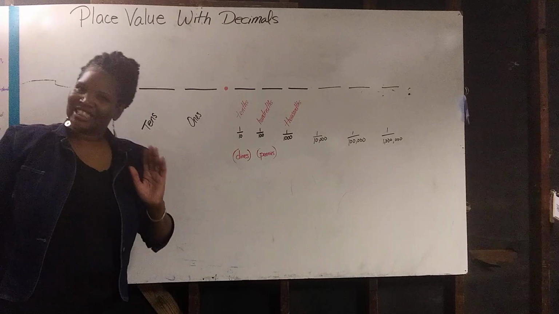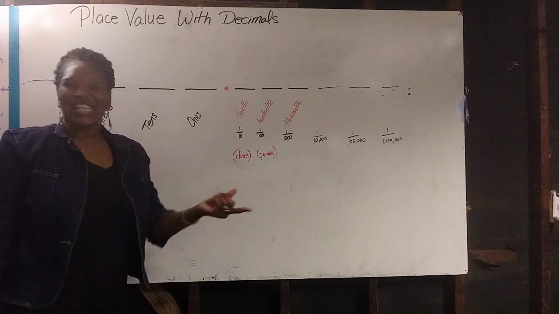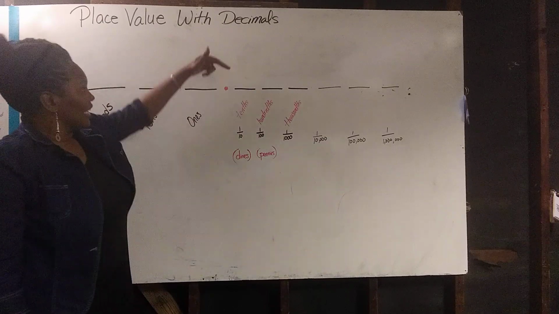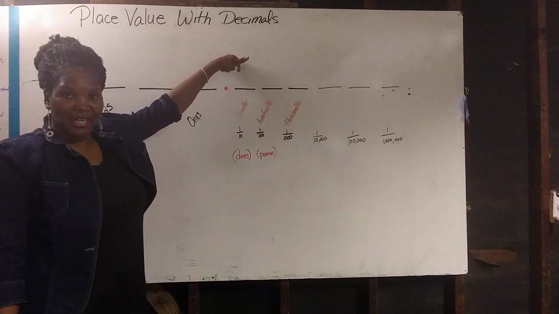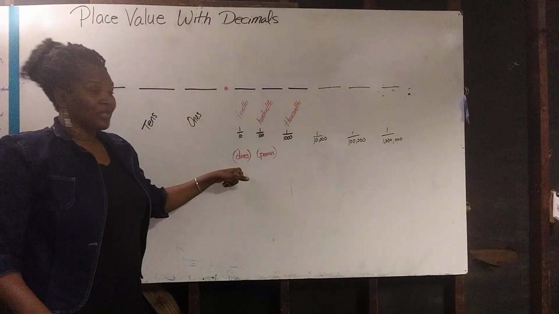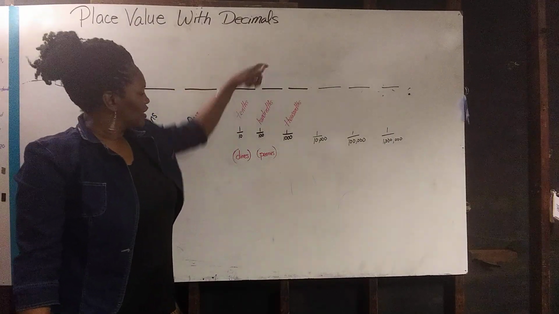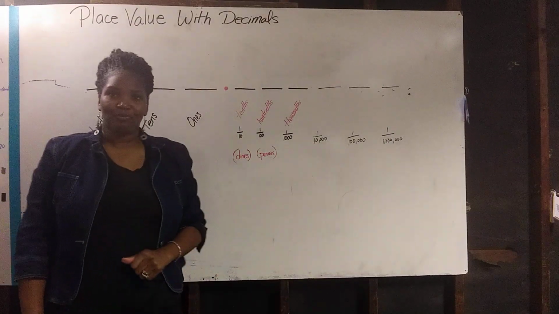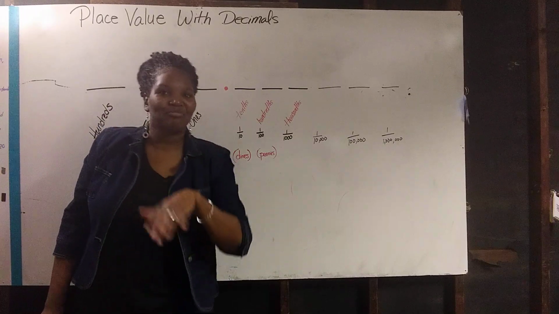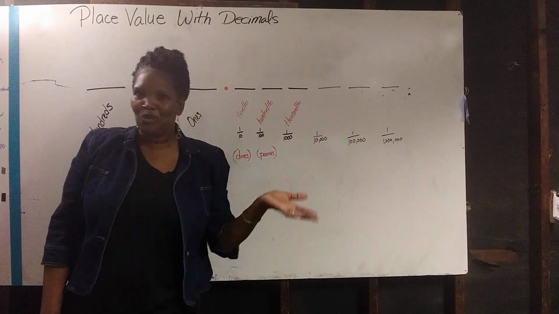Always put in the back of your mind that when you're dealing with money, the number in the tenths place represents your dimes, and the number in the hundredths place represents your pennies. That's something you will know that your friends won't know.